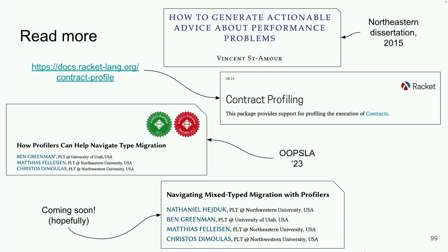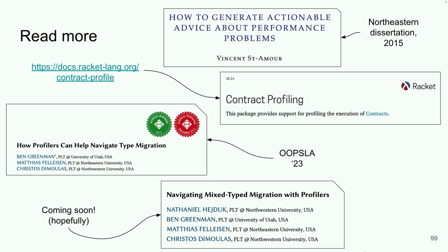One thing to note is these papers also add a lot more nuance in terms of examining more than one profiler type, so not just the contract profiler, but what if we try to simulate the contract profiler's behavior with other profilers? And it also expands the notion of, instead of just having untyped code and typed code with the natural type semantics, what if we also have the transient type semantics?